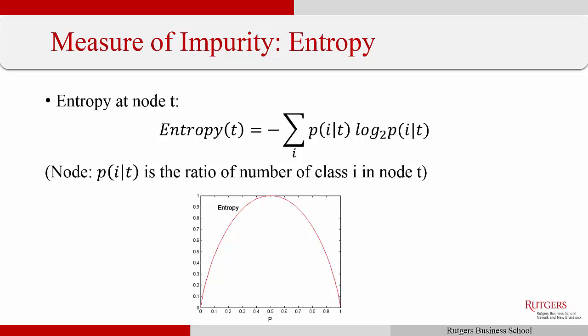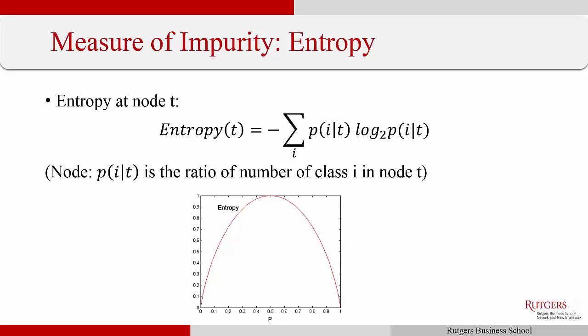The entropy at node T is captured by this function. And the p_i(t) here is the ratio of the number of class i in the node T. It is the frequency of the records belonging to class i divided by the total number of the records in node T. You can see this chart.